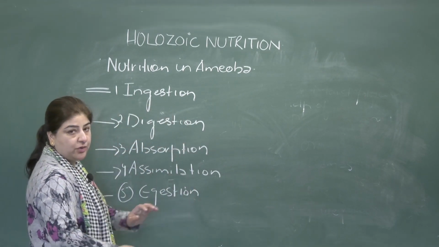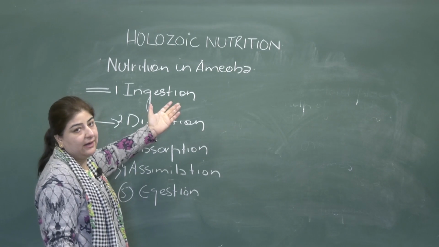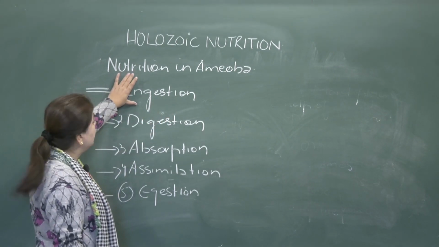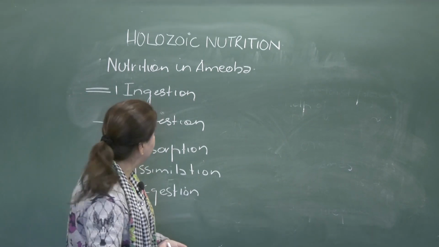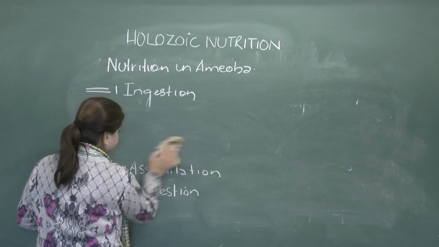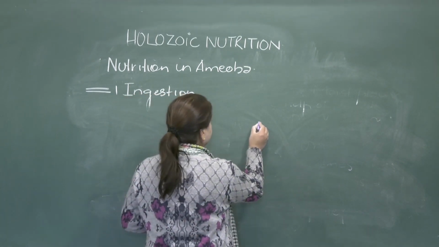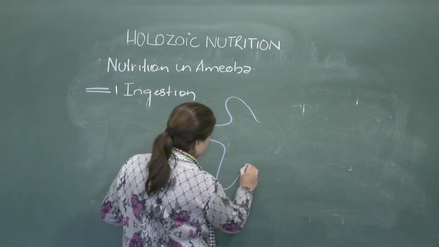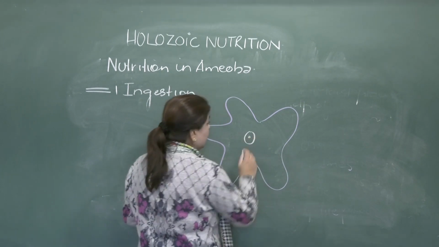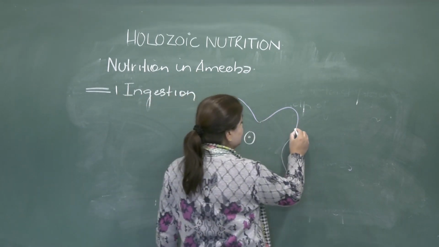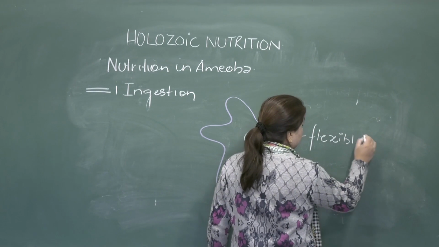So Holozoic nutrition is achieved in 5 steps in unicellular as well as multicellular organisms. The 5 steps are ingestion, digestion, absorption, assimilation, and egestion. So let's first talk about the process of ingestion. If we see the amoeba, this is the amoeba. It has a speciality: its outside is an external flexible cell membrane.